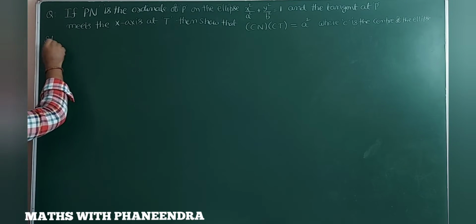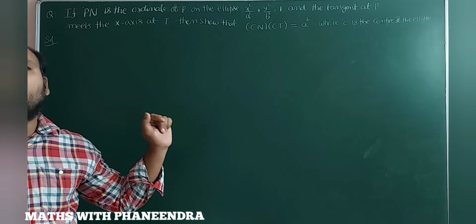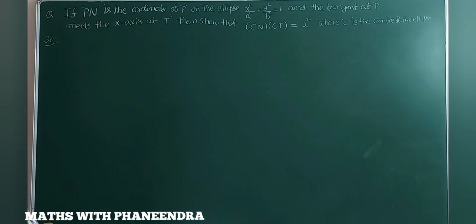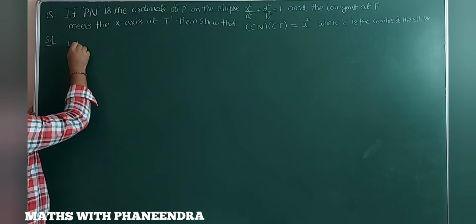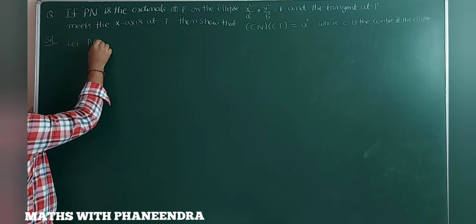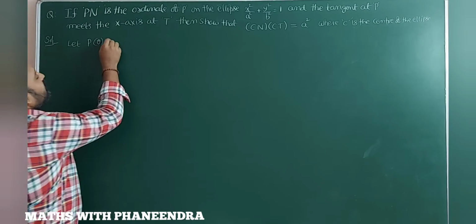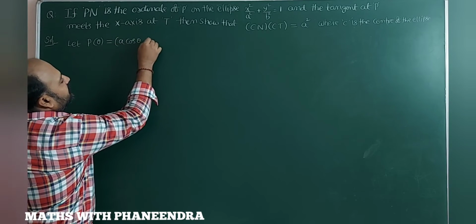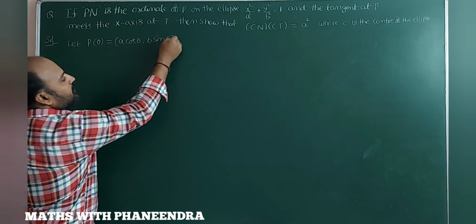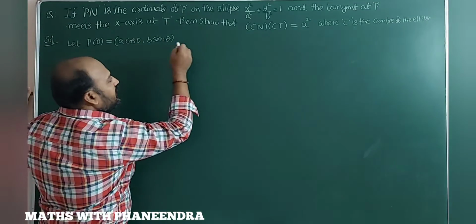Here the question is, PN is the ordinate of the point P on the ellipse. So first what we have to write is, let P of theta, or simply P, be (a cos theta, b sin theta), the parametric point which we already discussed in the earlier classes.